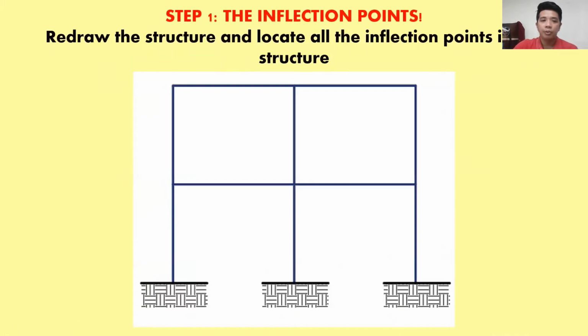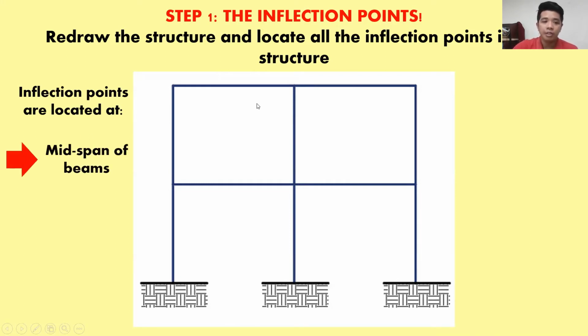So, first thing to do, step number 1, locate all the inflection points. So you have to redraw the structure and locate all the inflection points in the given structure. So ito yung frame natin. So take note muna. Before proceeding to the drawing, kailangan nyo munang tatandaan that inflection points are located at first, midspan of the beams.